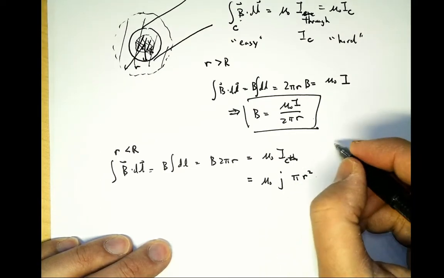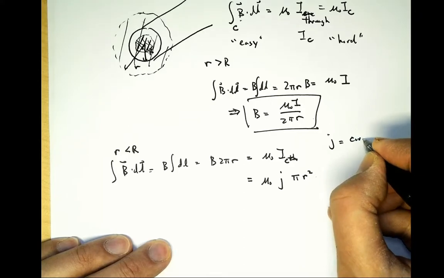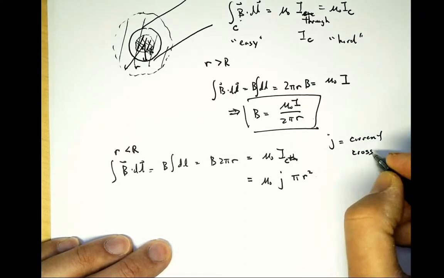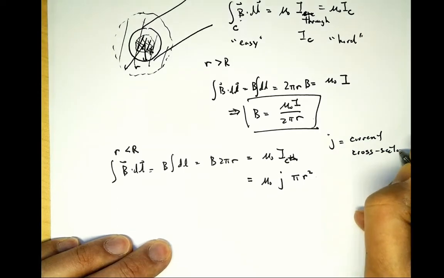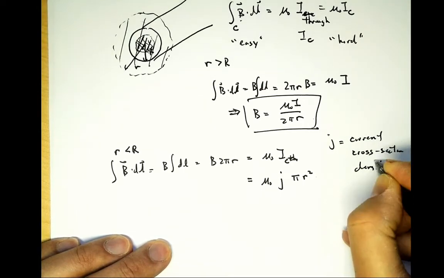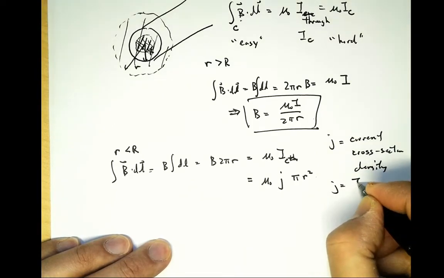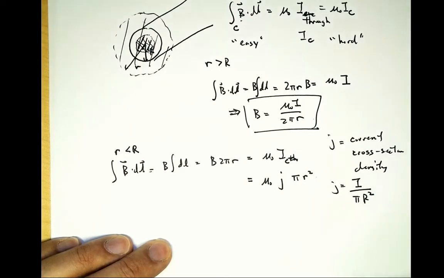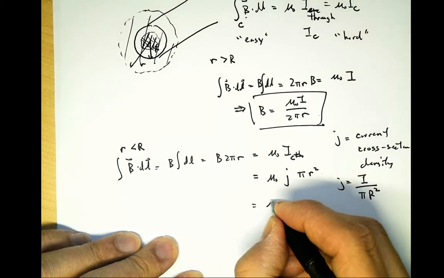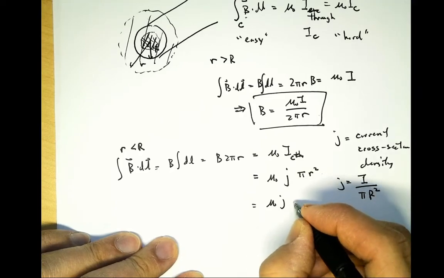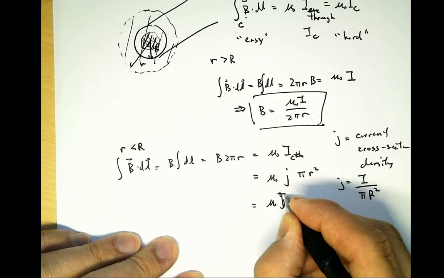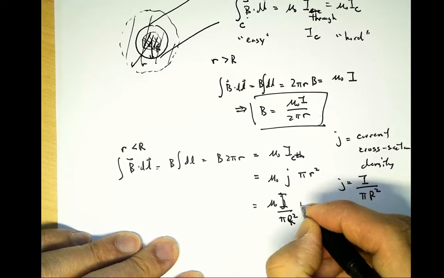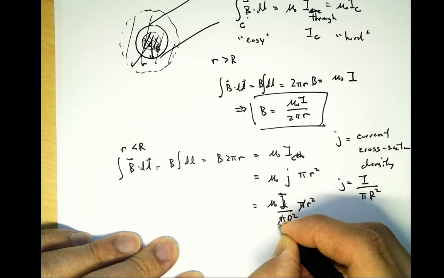J is the current cross-sectional density, equal to I divided by the entire cross-section of the wire, which is pi capital R squared. So this is mu 0 times I over pi capital R squared, times pi little r squared. The pi's kill each other.